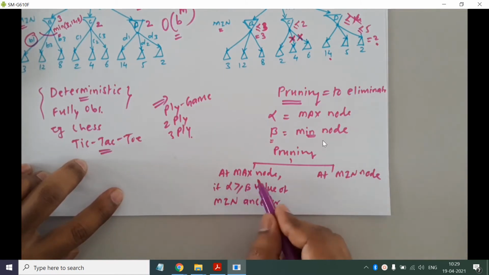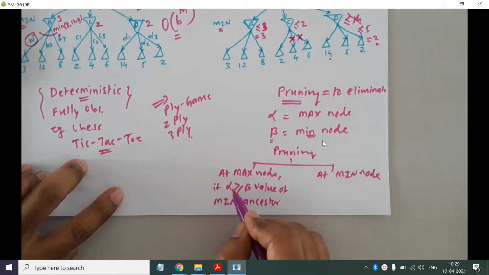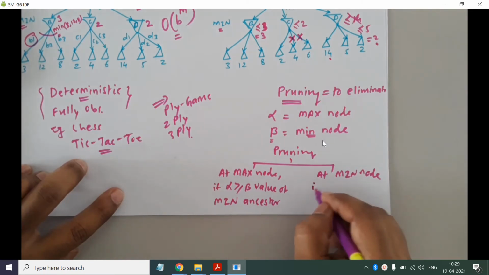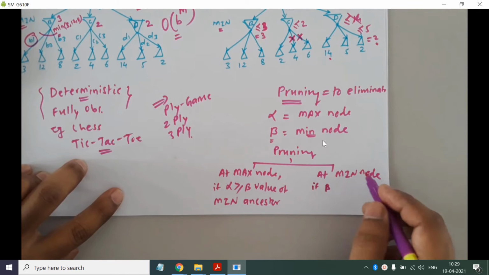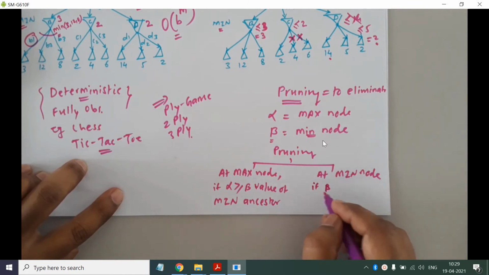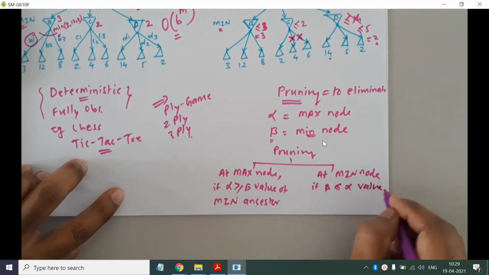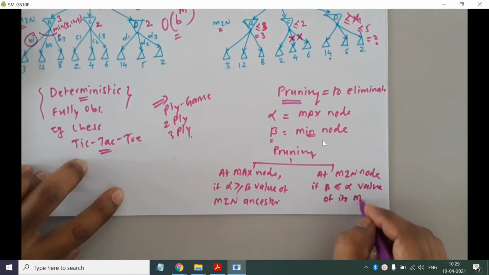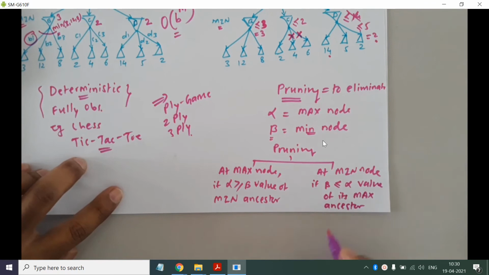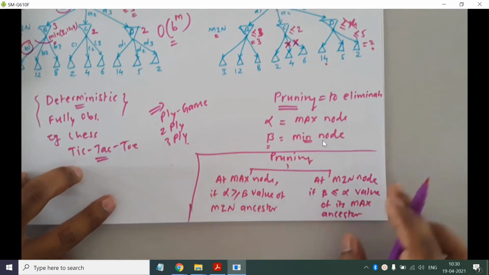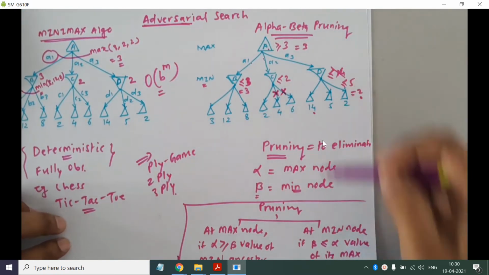It will happen at the max node when its alpha value becomes greater than the beta value of its min ancestor. Ancestor means its parent, the nodes which we have visited earlier. At a min node, it will happen when its beta value becomes less than the alpha value of its max ancestor. So this is the summary of this algorithm. Please remember this condition, and let's see whether it happened or not.